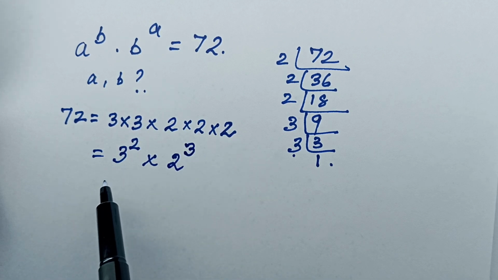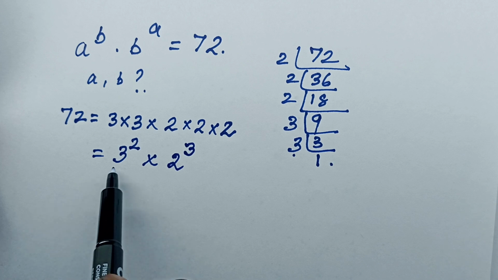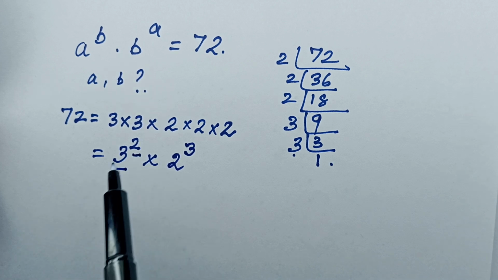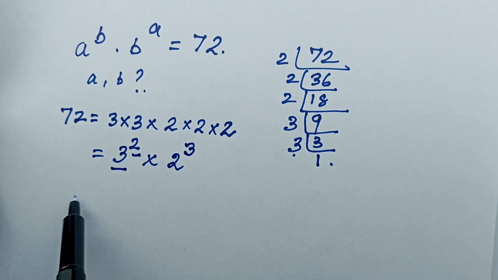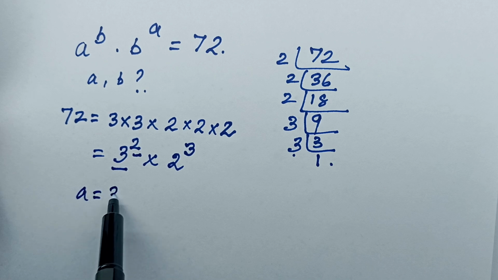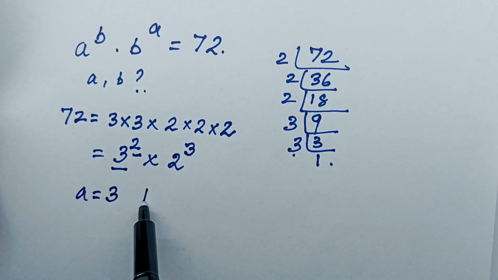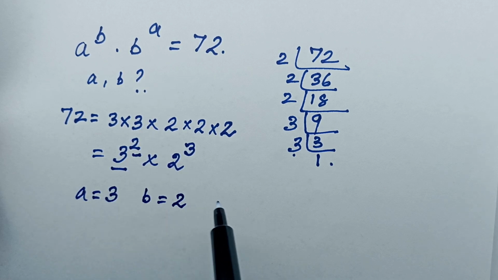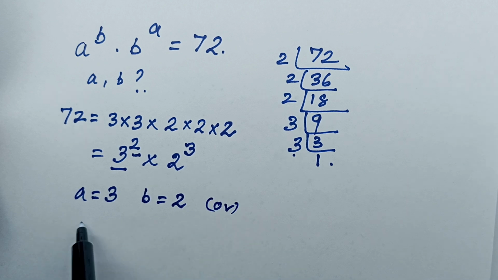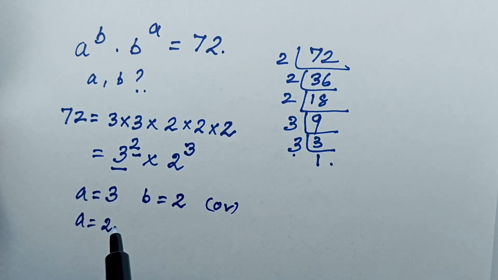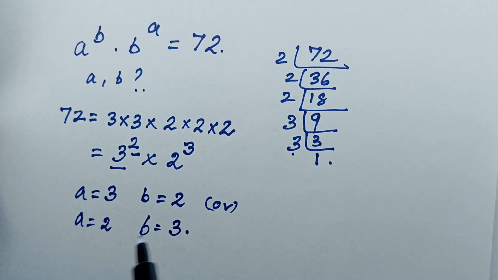So here this is A, this is B. So A equal to 3 and B equal to 2, or A equal to 2 and B equal to 3.